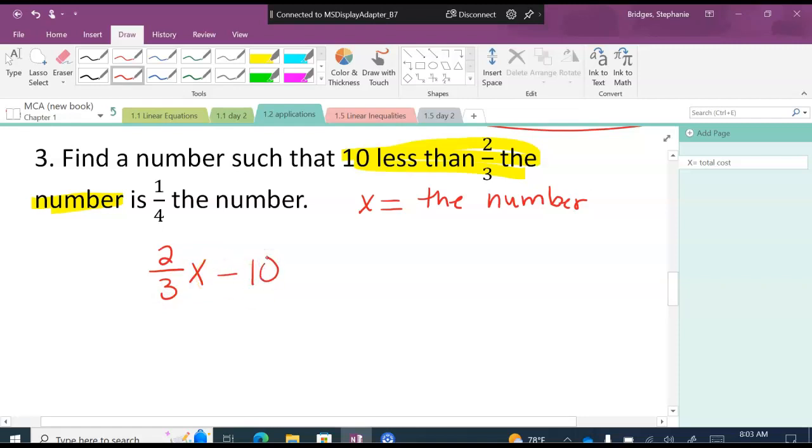Okay, so that represents the highlighted part. 10 less than 2/3 a number is 2/3 x minus 10. What about the word is in an equation? What does that always mean? Equals. And then I need to represent the last part, 1/4 of the number. How would I write that? 1/4 x. Okay. Now, that turns into a question just like we did yesterday with fractions.